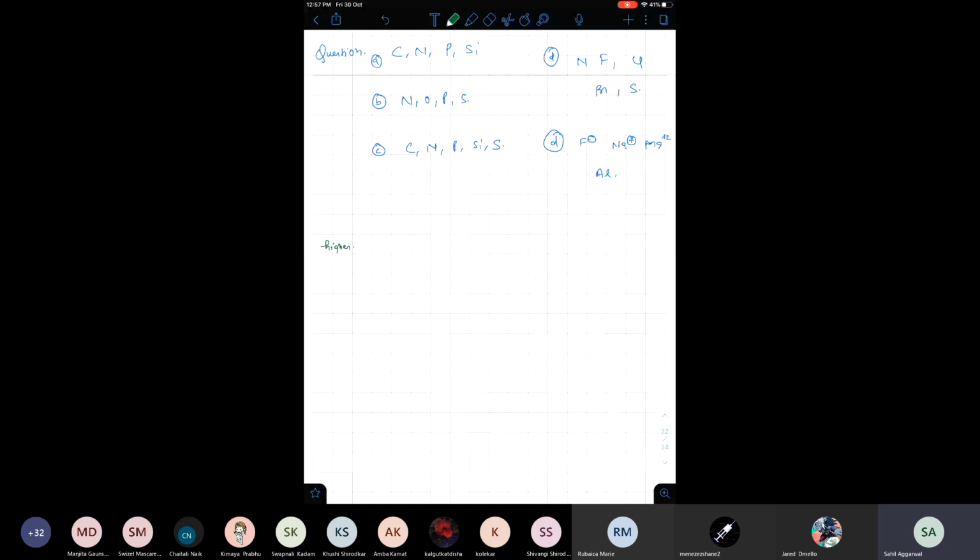Higher period elements will always have more size. So third period will always be bigger than second period, irrespective of left and right.